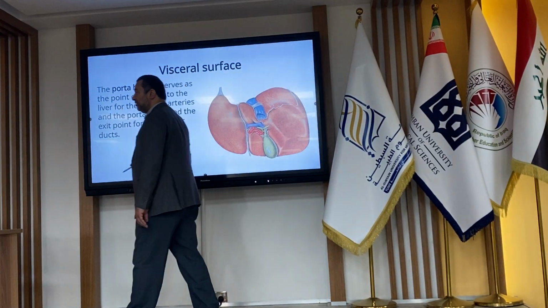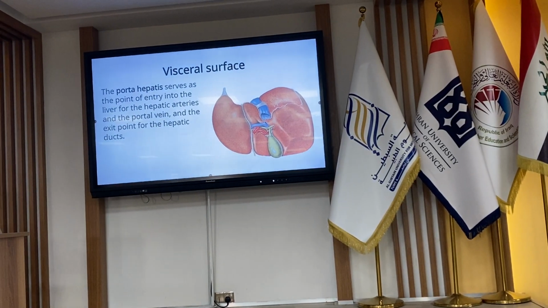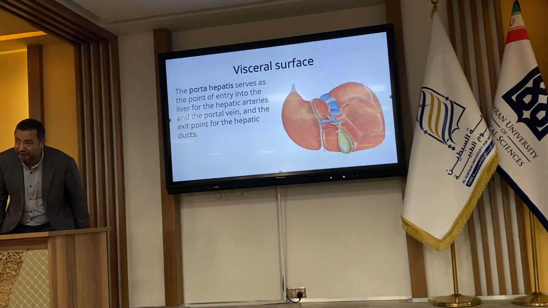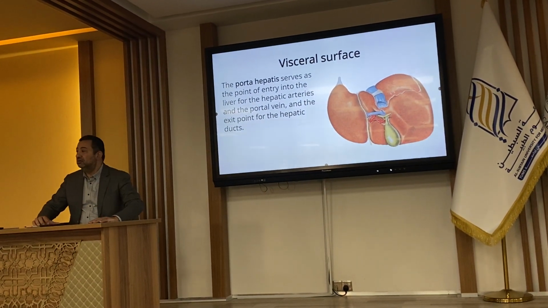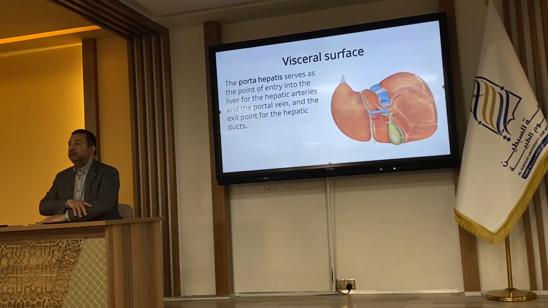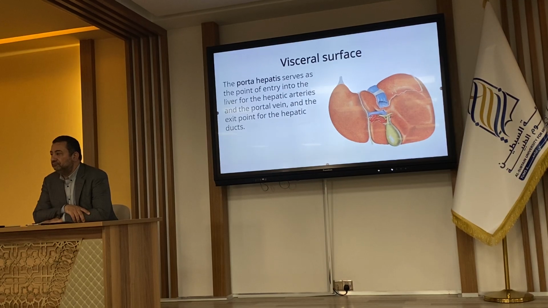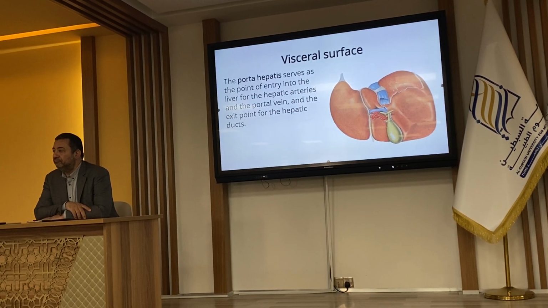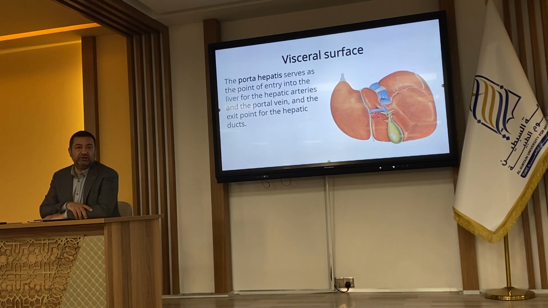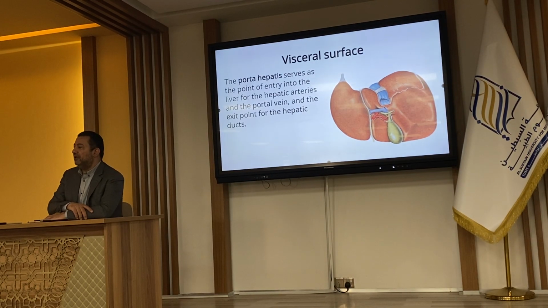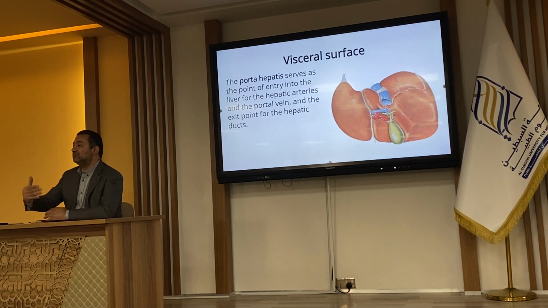Do you remember where the location of the Winslow's foramen, or epiploic foramen, or omental foramen, is? It is on the right side of the lesser omentum. The right free border of the lesser omentum is located on the anterior part of the Winslow's foramen.